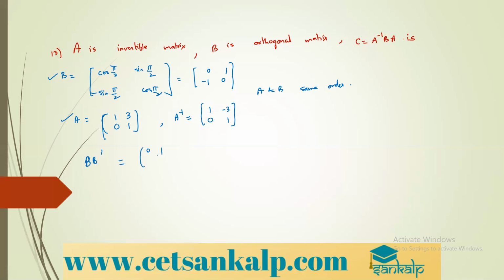That is 0, 1, minus 1, 0, and 0, minus 1, 1, 0, which is 1, 0, 0, 1, which is I. So I can say B is orthogonal. How can I say A is invertible? Because A has an inverse. How can I say B is orthogonal? Because B dash is I.